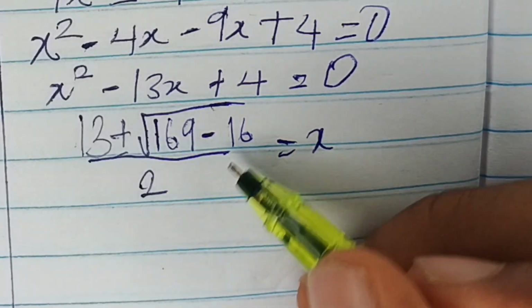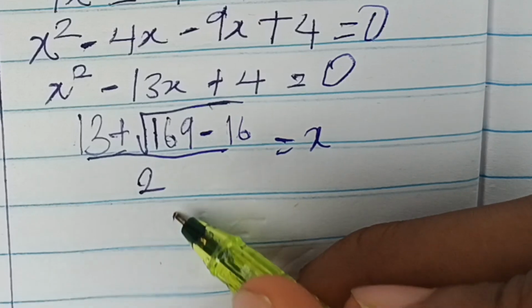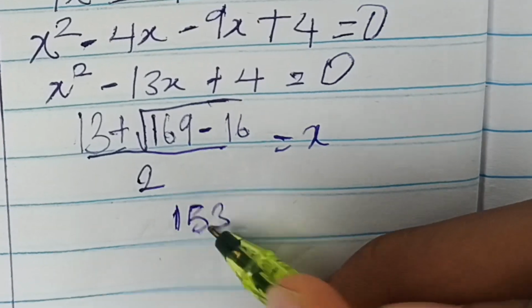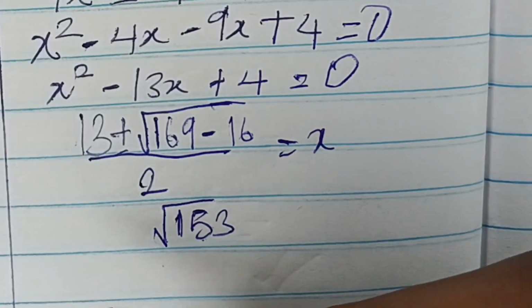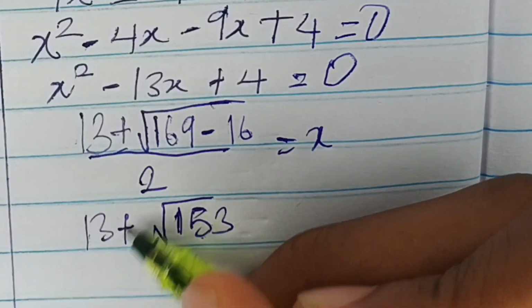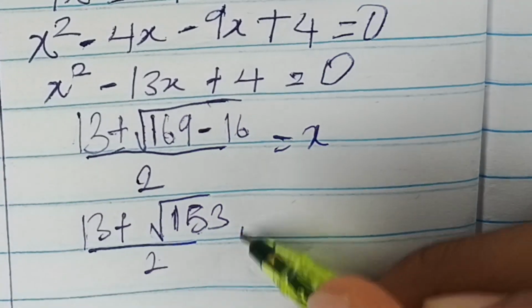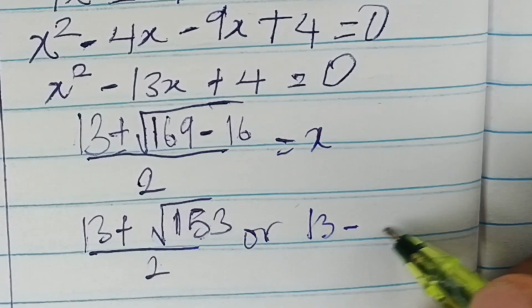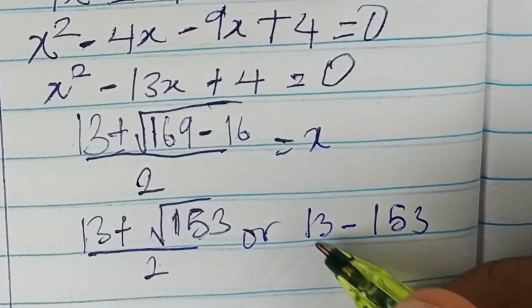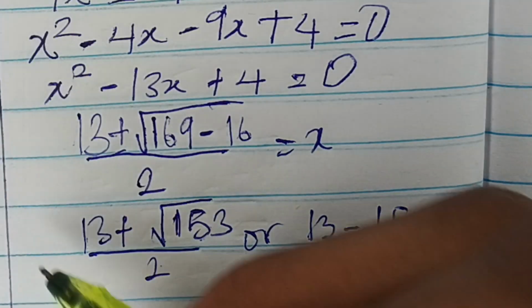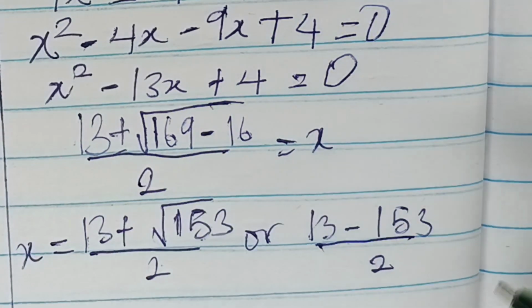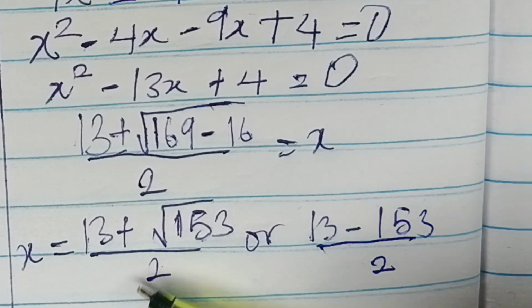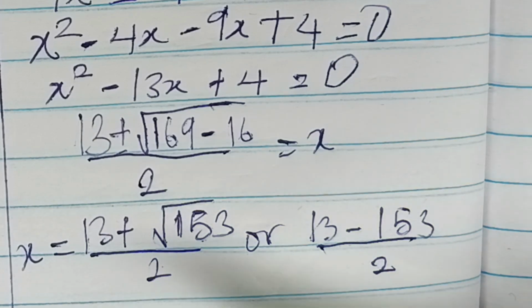Now 169 minus 16 is 153, and then we have 13 plus square root of 153 over 2, or 13 minus square root of 153 over 2 to be equal to x. Okay, and once you input this in the calculator, you get the decimal values of x.